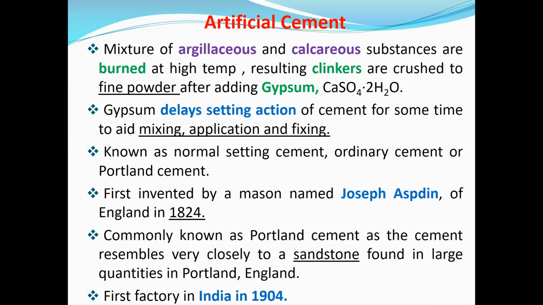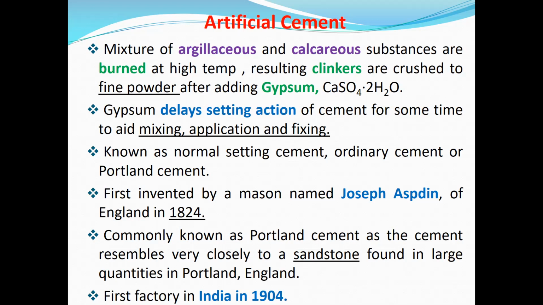And artificial cement is also known as normal setting cement, ordinary cement, or Portland cement. The present cement was first invented by a mason, not an engineer or a chemical engineer. In earlier days, his name was Joseph Aspdin of England, in 1824. Now we know that cement was first invented in 1824.